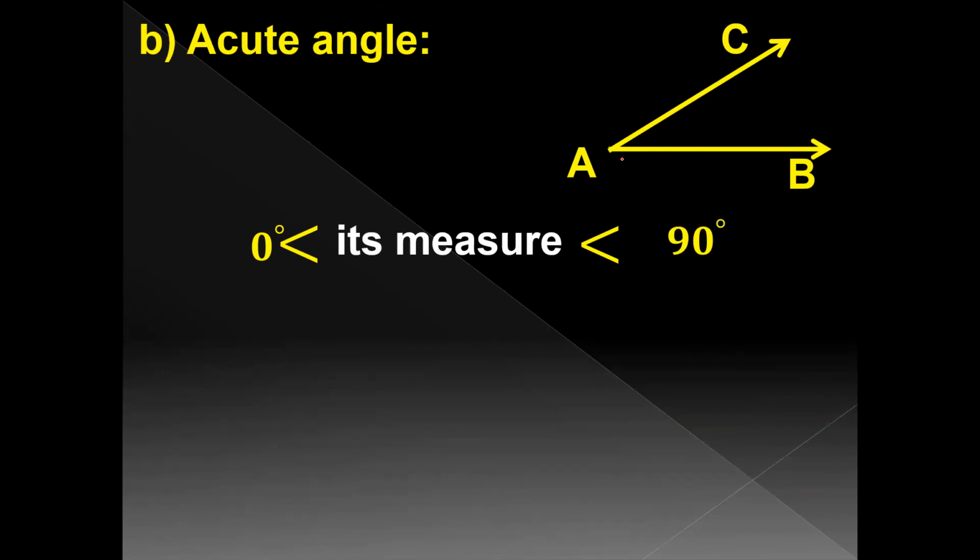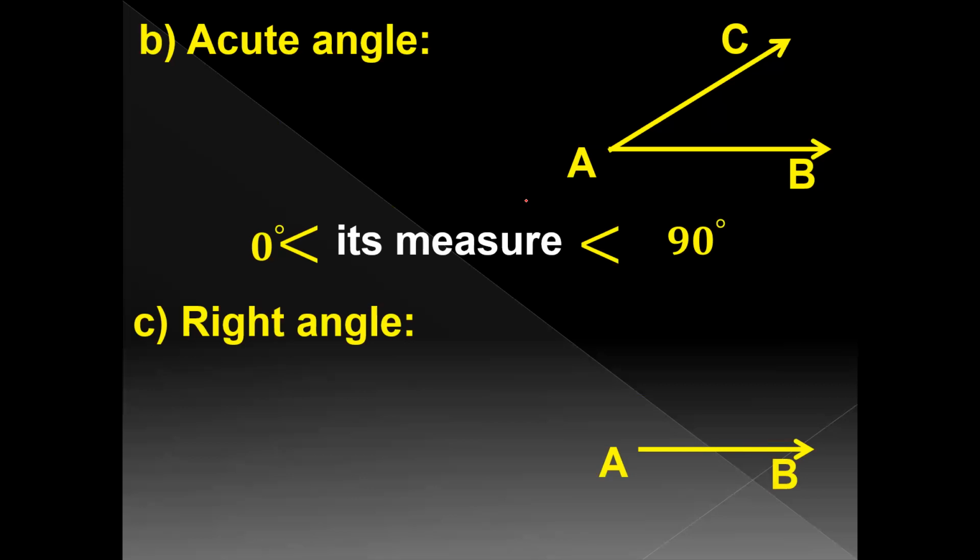Like 60 degrees, 50 degrees, 45 degrees, or 89 degrees. 89 degrees is also an acute angle, but 90 degrees has a different type.